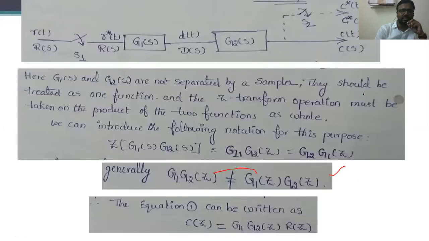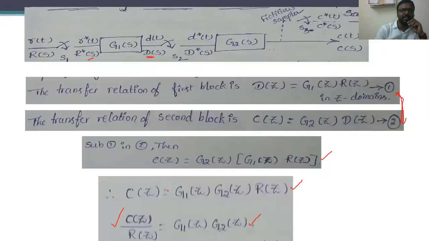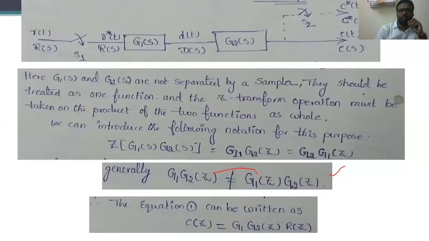And for the open loop systems, that means two different elements which are connected in cascade, the pulse transfer function is C of Z divided by R of Z is equal to G1 into G2 of Z. And for the two discrete data systems which are connected in cascade and separated by a sampler, it is C of Z divided by R of Z is equal to G1 of Z into G2 of Z. Okay, these are the open loop systems.